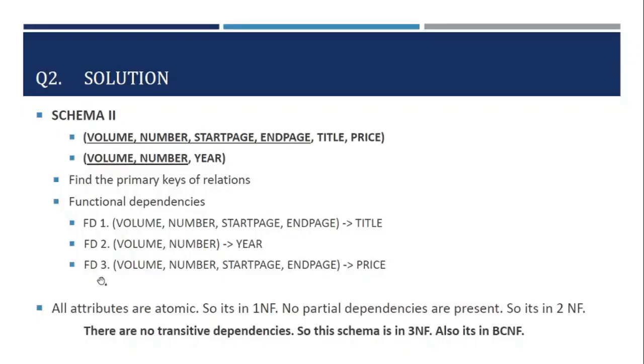What about FD3? Again, the left hand side is a primary key and it can be checked in table 1. What about FD2? The left hand side is a primary key because it can be checked in the second table. So it is in 3NF. And as you can see, all the left hand sides of these functional dependencies are super keys, so it is also in BCNF.